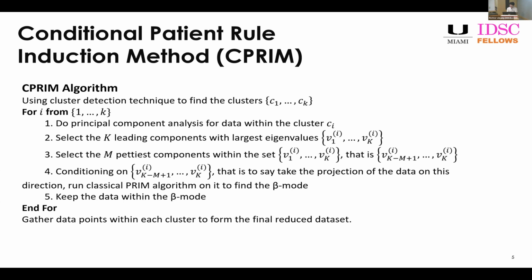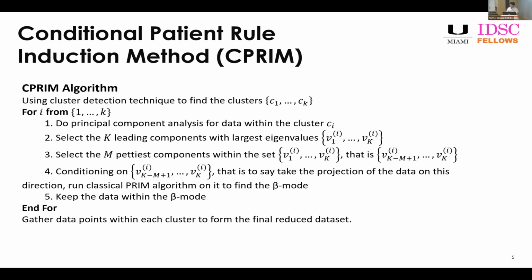And for each cluster, we do principal component analysis within that specific cluster, and then select the K leading components with the largest eigenvalues, and then within those selected components, we select the smallest components within that set.